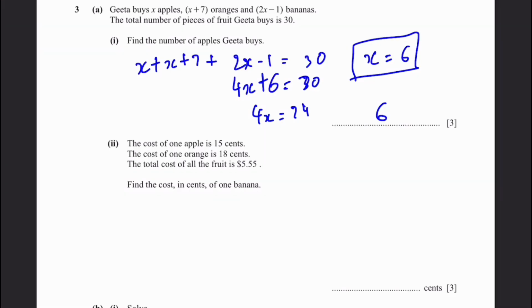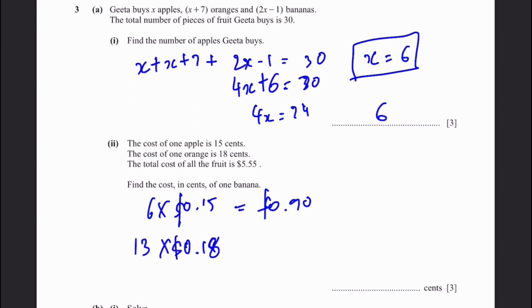So 6 apples means 6 into $0.15, which is equal to $0.90. And now there will be 6 plus 7, 13 oranges into $0.18, 18 cents.